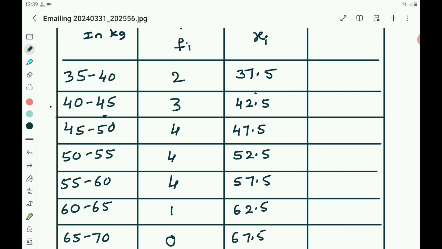You can follow two methods, but to find the first one, you must add the upper limit and lower limit, and divide that sum by 2. If the size of all the classes is the same, then you can add the width of the class to the xi you got to find the next xi.